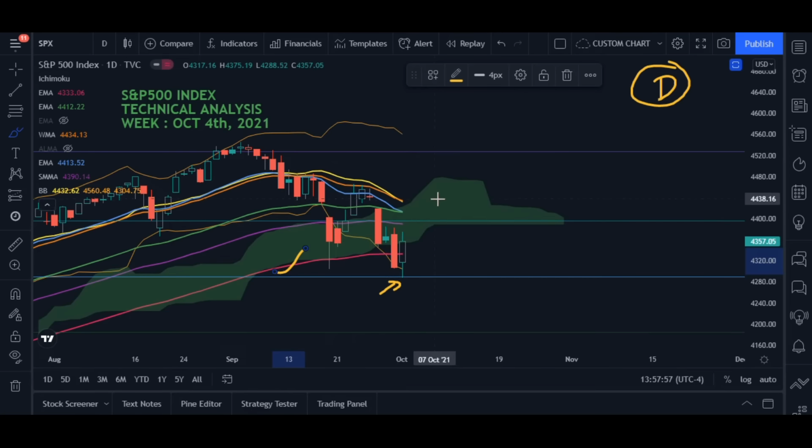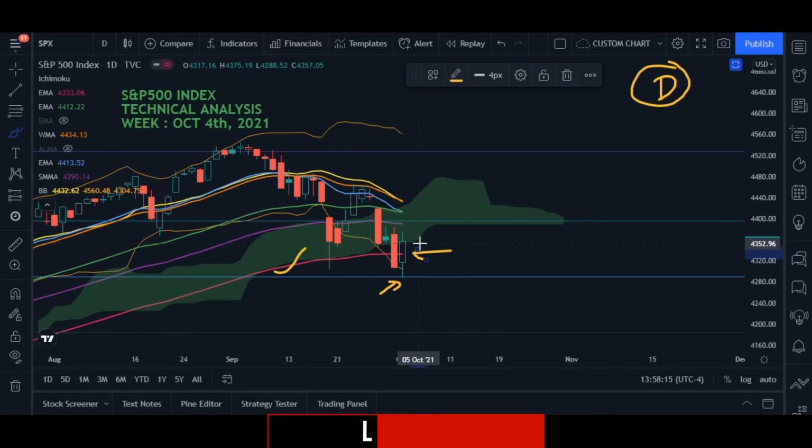Anyways, there are still these 5 moving averages. But this candle is bullish in nature, which means the market is trying to rebound, but this rebound is limited. This rebound is not like the market is going to move up very heavily. This rebound is limited by these moving averages, and also this resistance, which was acting as support.